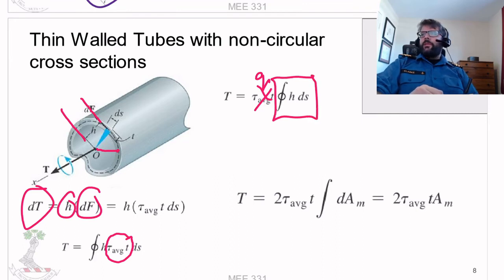So what we can do there is basically relate that to the... let me think here. Essentially, if we were looking at this here, we'd have that h vector, and then we would have this ds here.